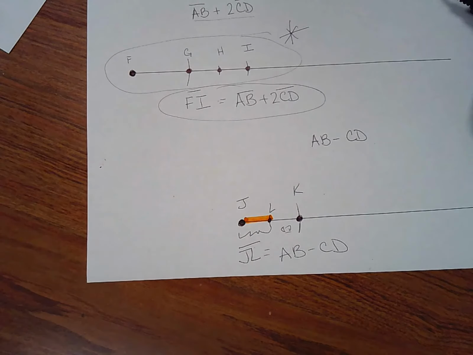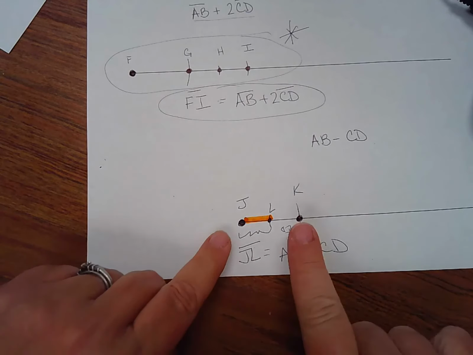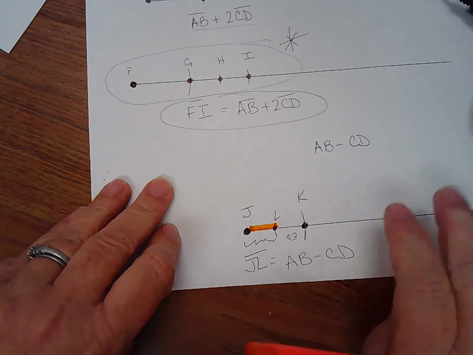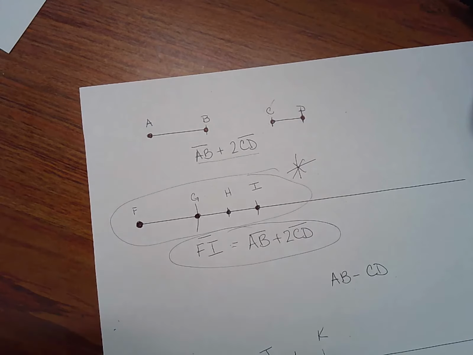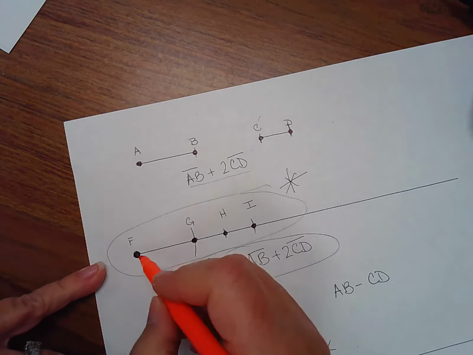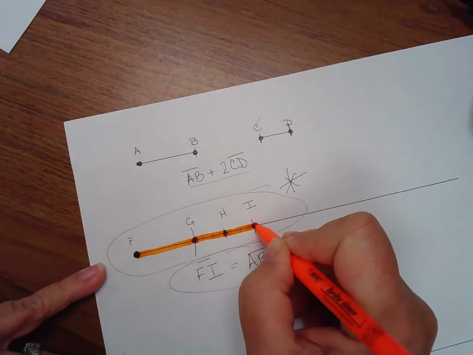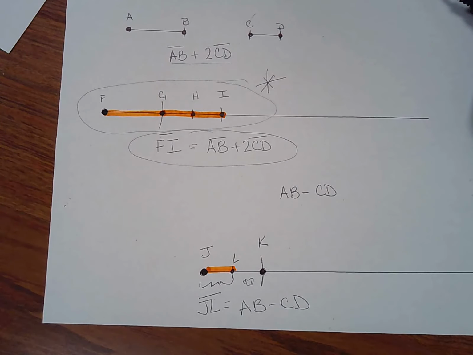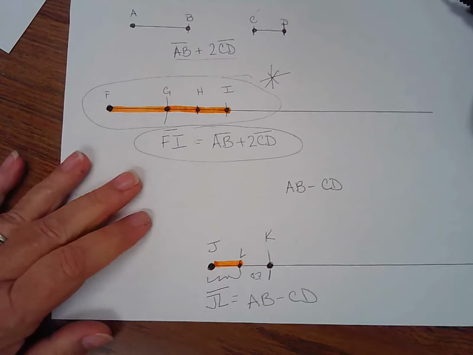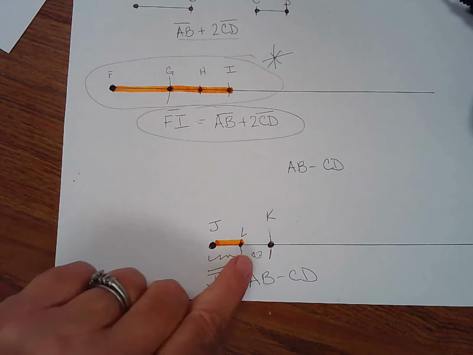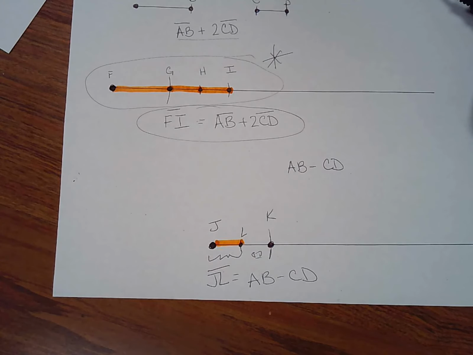JL, this section, is the answer to AB minus CD, because this was all of AB and I took away CD from it. Up here, it was an addition problem. So I had all of AB plus one CD plus another CD. So all of that was the answer. But on the subtraction part, only what was left was the answer.